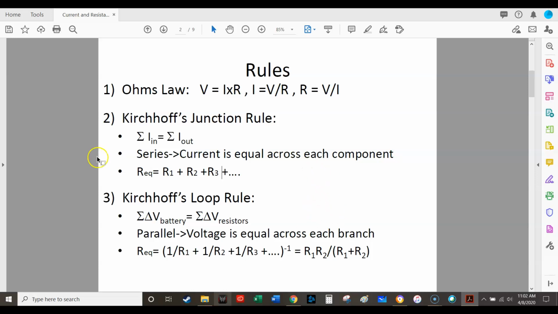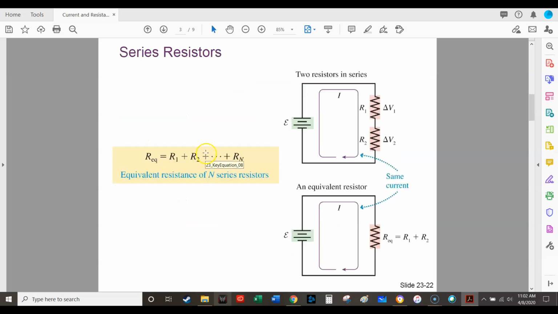So let's move on, and we're going to talk about how two resistors in series will add up to one resistor. All right, here we go. We have a power supply or a battery, creating an EMF, and we have a resistor R1 that is in series with R2, all on just one loop.